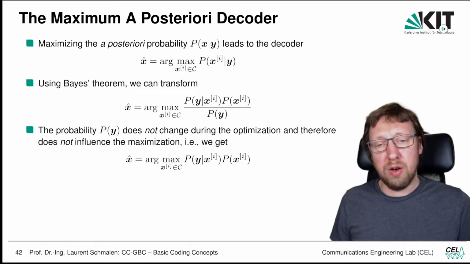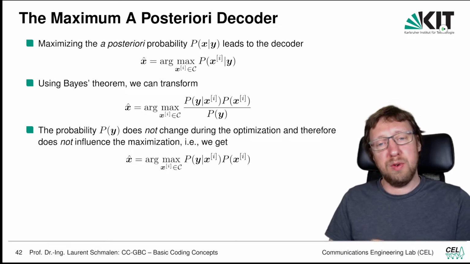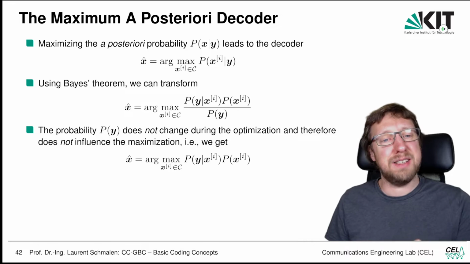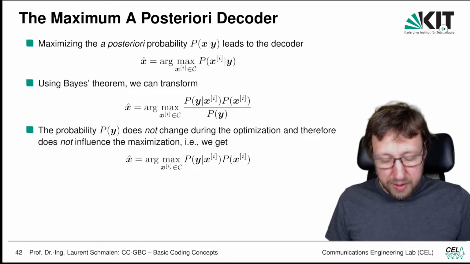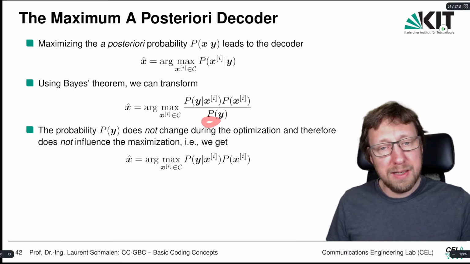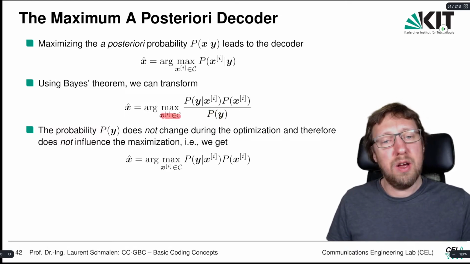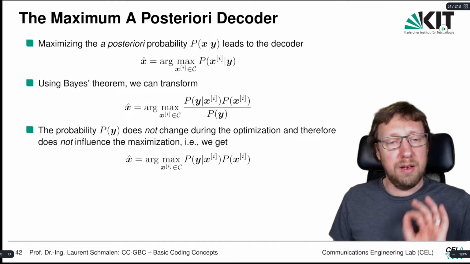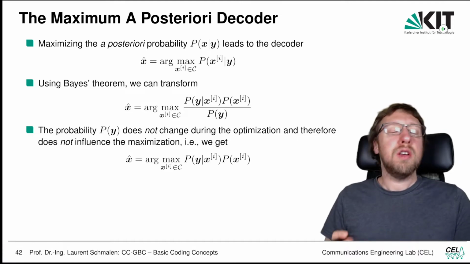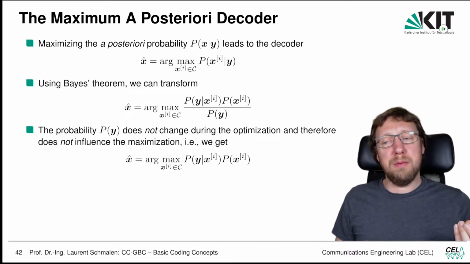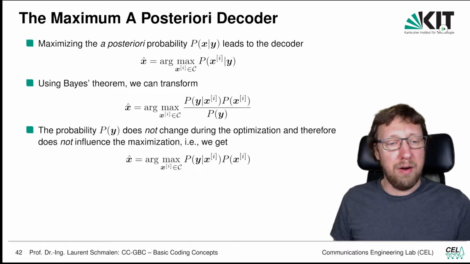We know that it's a constant, so it's a probability between 0 and 1, but it stays the same. Regardless of what P of Y is, if it is constant, changing X will not depend on the value of P of Y. So we can take it out of the optimization and we don't need to take care of P of Y.